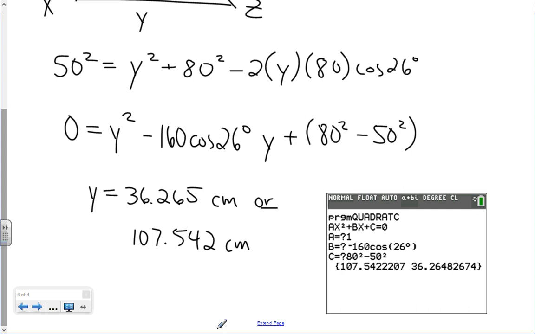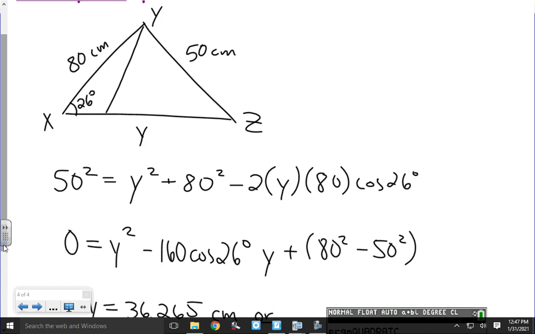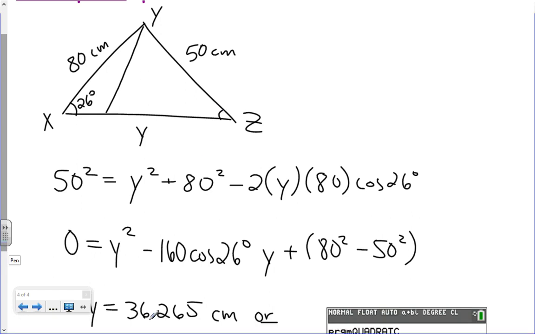If you wanted to find out what angle z is equal to, you can now use law of cosines to help you find out what z is equal to. Realize that the sketch I've got here, this is one possibility for z, and the other possibility for z is this angle here. But realize that those are actually supplementary angles there. Okay?